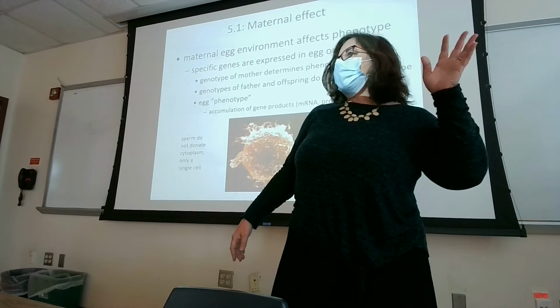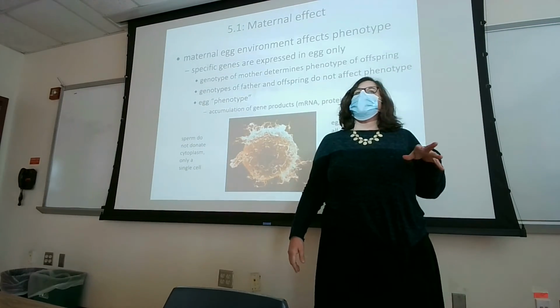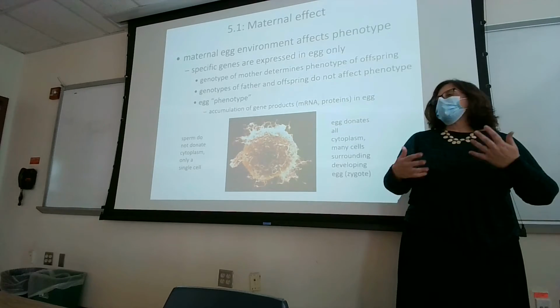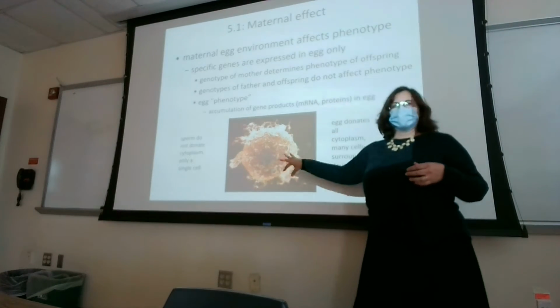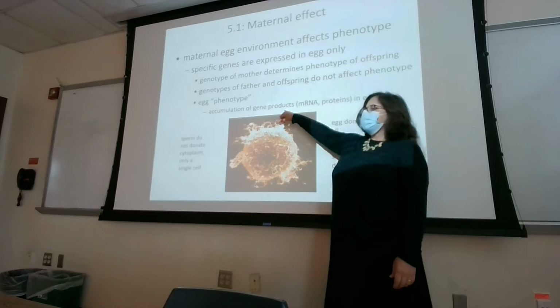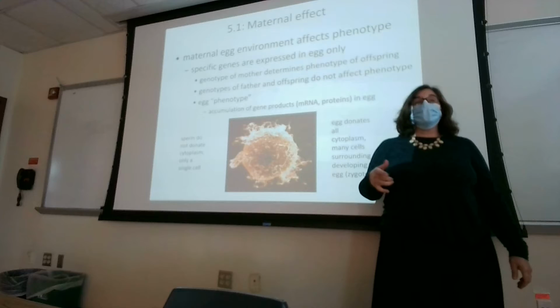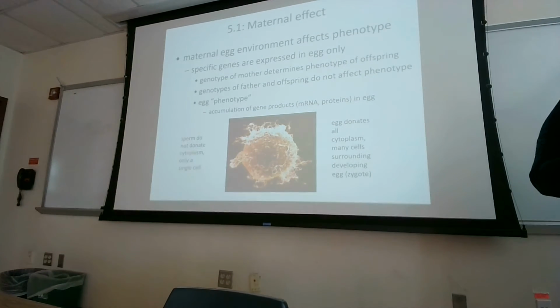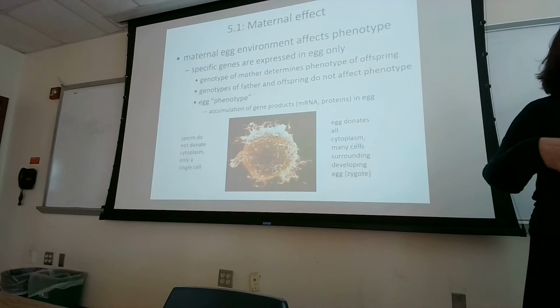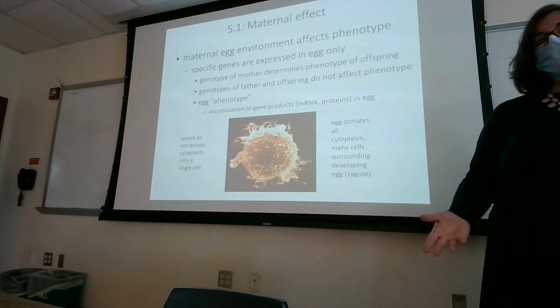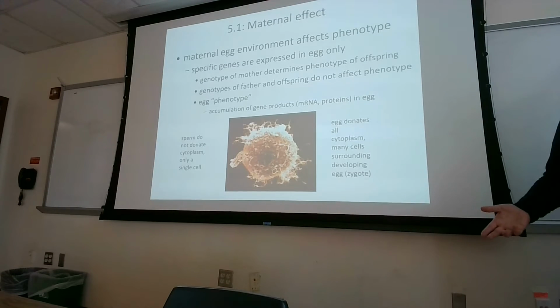So it's full of all the things that a cell has produced. Okay. So we're talking about gene products in addition to nutrients. Whatever the maternal genome has expressed, whatever proteins and RNAs have been expressed, are out there in the cytoplasm.